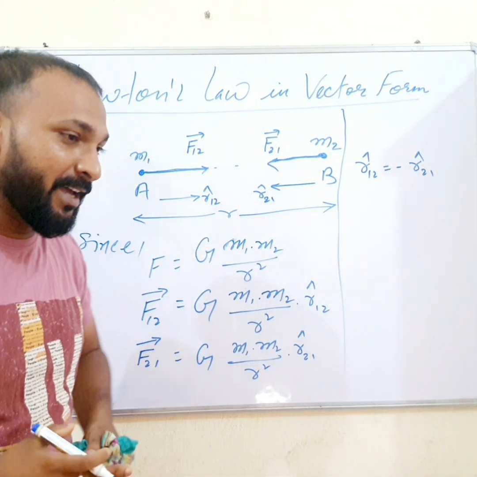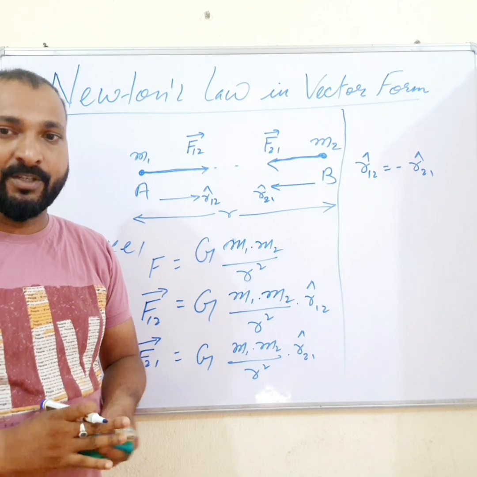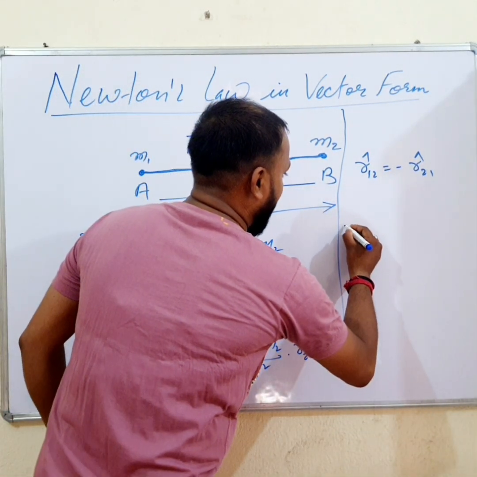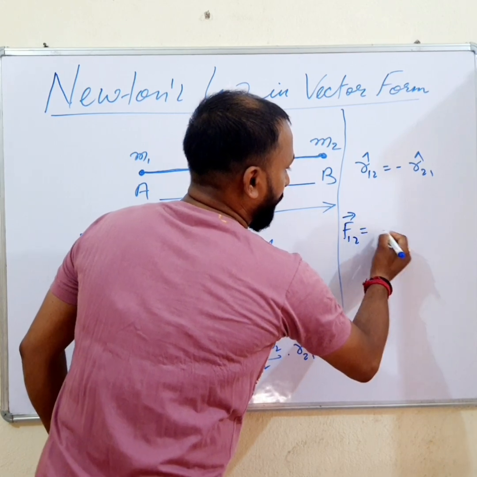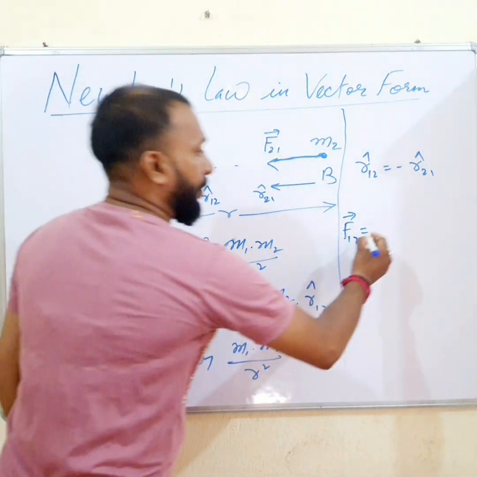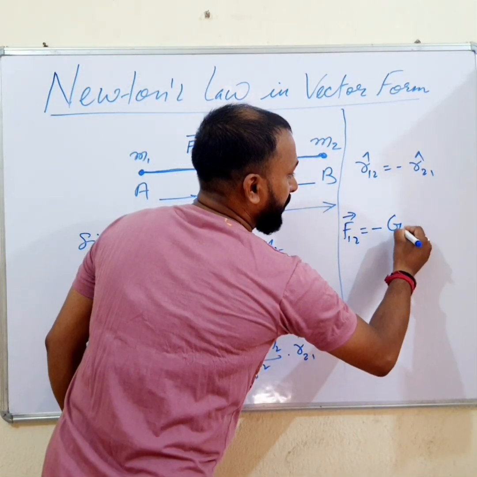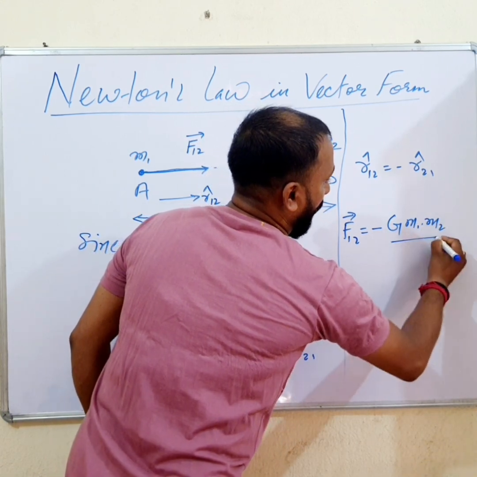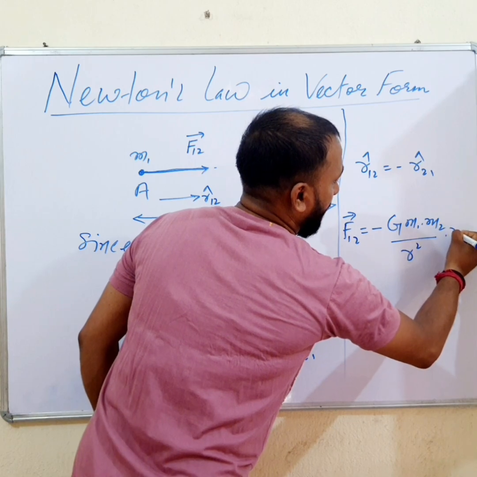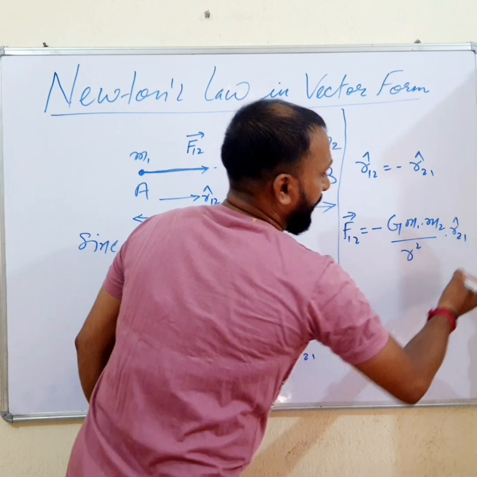So we can say that F12 vector equals minus m1 m2 upon r square, here r cap 21.